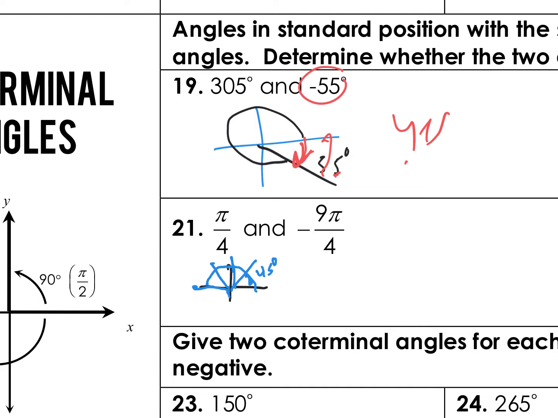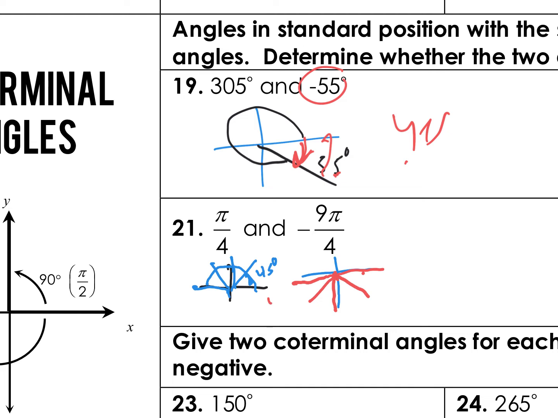Now, when I say negative 9 pi over 4, that implies the negative direction, clockwise. And I'm going to start from my initial side and go, here's 1 pi over 4, here's 2 pi over 4, here's 3 pi over 4, here's 4 pi over 4.